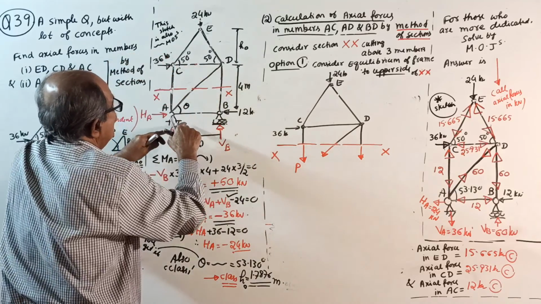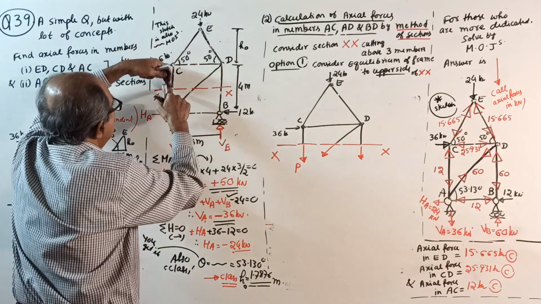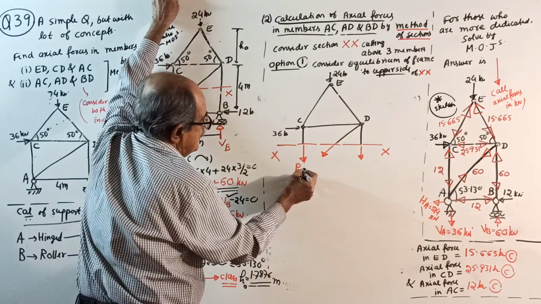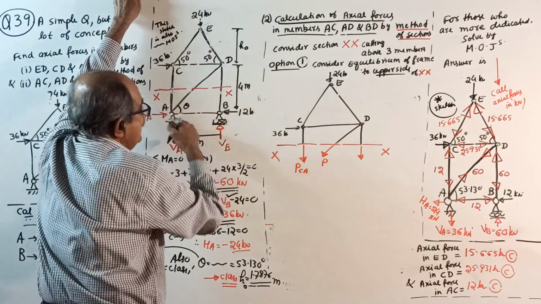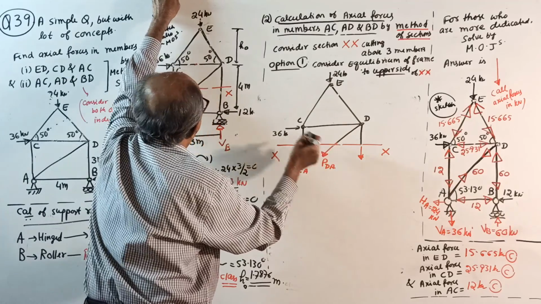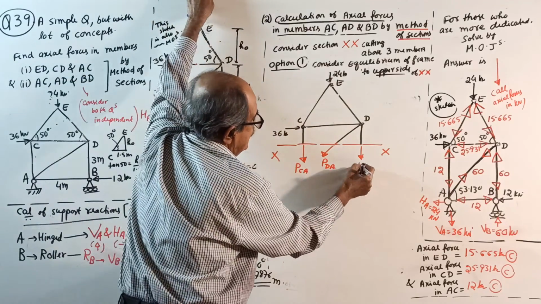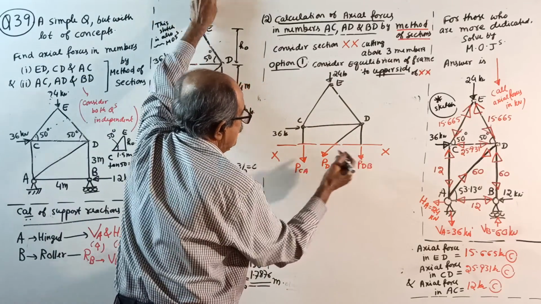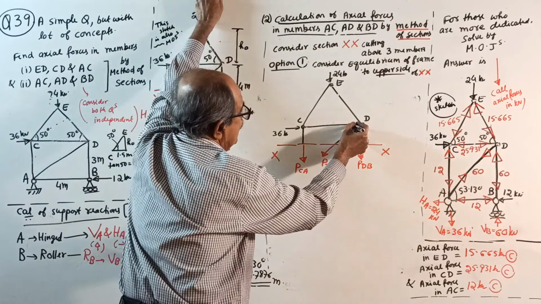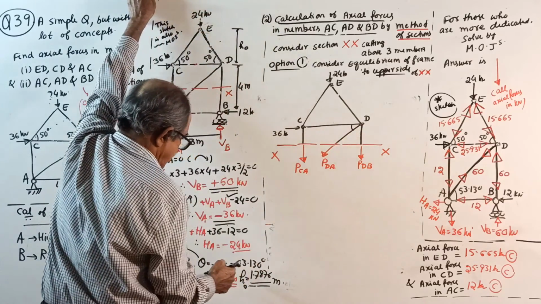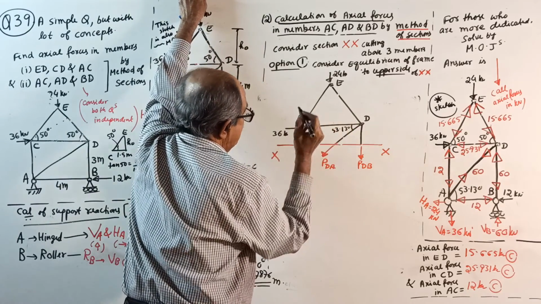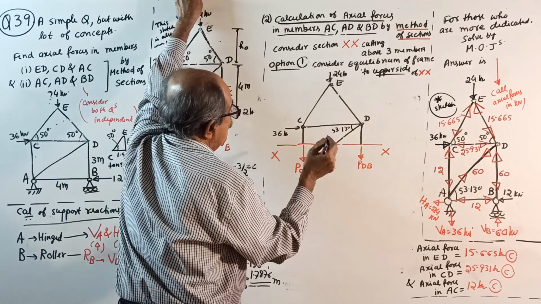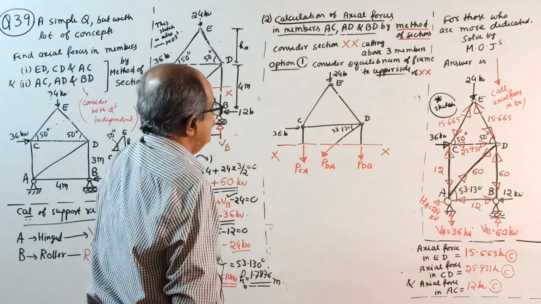We are considering what? Equilibrium of the upper side. So, force for CA, force for DA, force for DB. I told this thousands of times. And for this inclined force, the angle is somewhere here, 53.13 degrees.